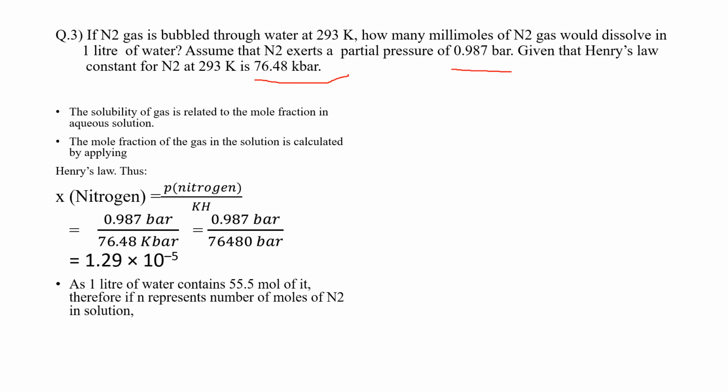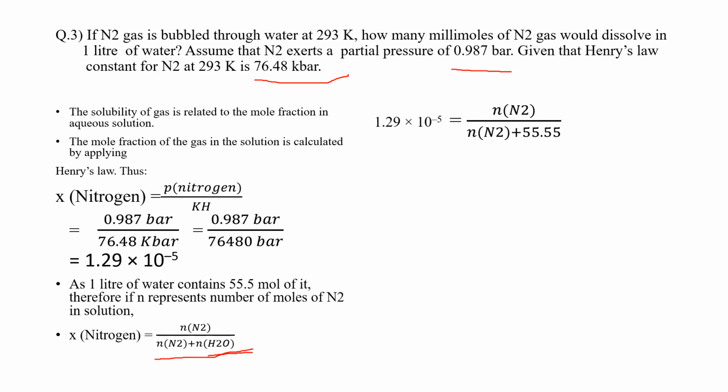It means if N represents the number of moles of nitrogen in the solution, then the mole fraction of nitrogen, according to the formula, will be equal to the number of moles of nitrogen divided by the number of moles of the solution, means number of moles of nitrogen plus number of moles of water. In 1 liter, the number of moles of water is 1000 upon 18, that is 55.5, given mass upon molar mass.